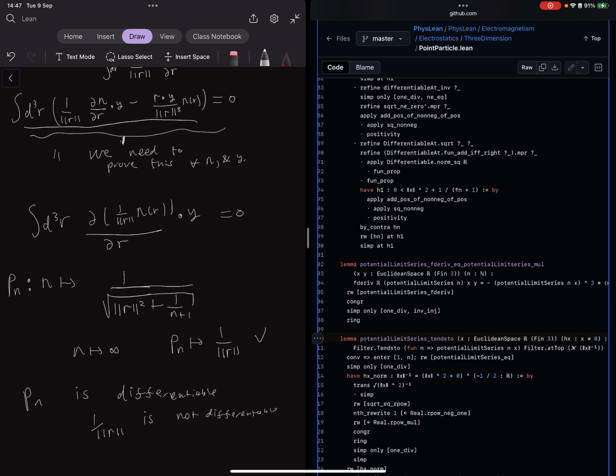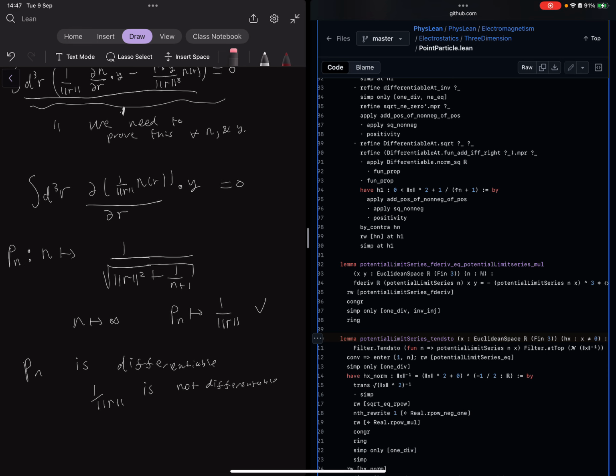In theory, it might be differentiable depending on what eta is, but in general, it's not differentiable, and that means you can't prove this in general. But in fact, P of n for finite n is differentiable, even though 1 over r is not.